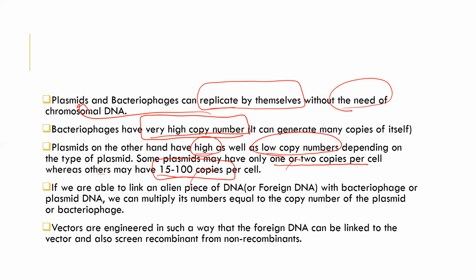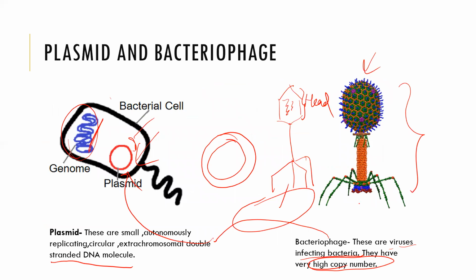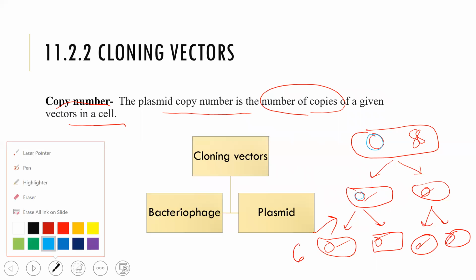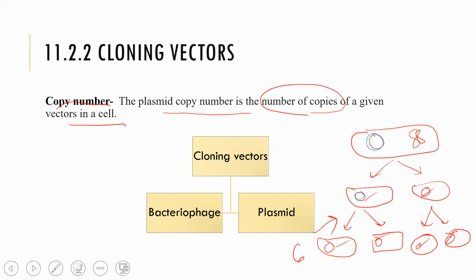If we are able to link an alien piece of DNA or foreign DNA with bacteriophage or plasmid DNA, we can multiply its numbers equal to the copy number of the plasmid. So in this case, when we are multiplying, the bacterial cell is dividing, right? From one, it is becoming two. So the plasmid is multiplying, and we have something referred to as the foreign DNA.